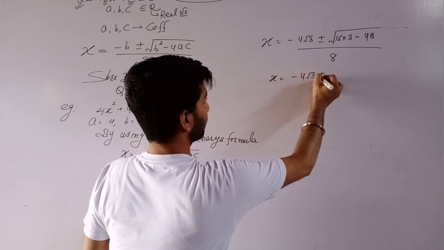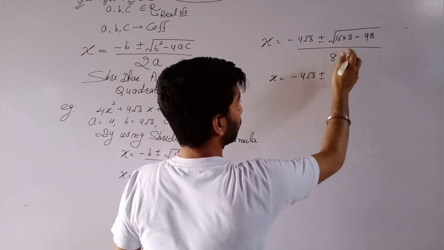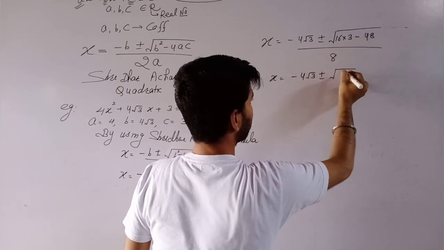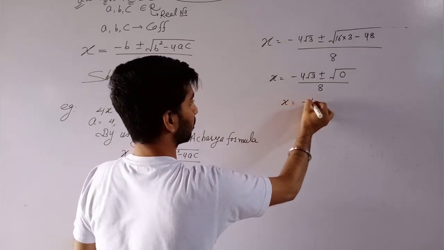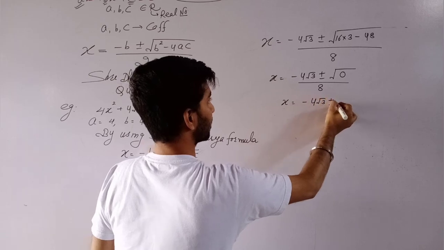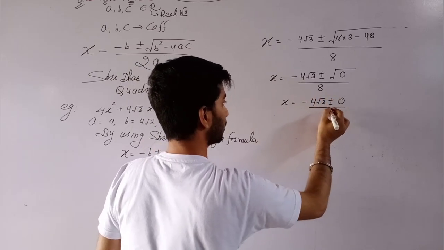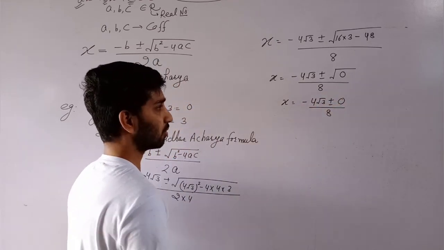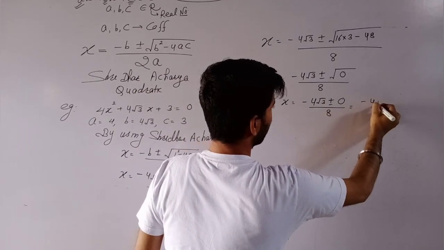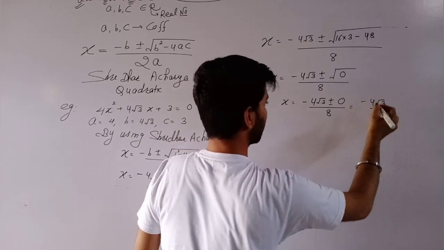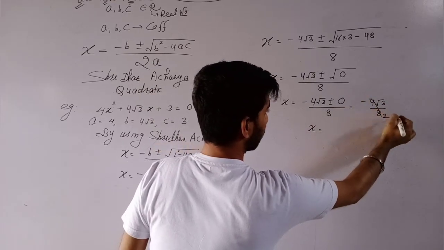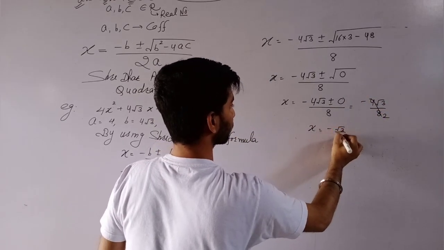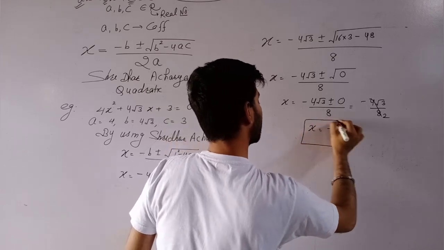So minus 4 root 3 plus minus root of 16 times 3 is 48, minus 48 is 0, divided by 8. Or x is equal to minus 4 root 3 plus minus root of 0, which is 0, by 8. By adding 0 or subtracting 0 here it is not affected, so minus 4 root 3 by 8. So the solution is 4 ones are 4, 4 twos are 8, minus root 3 by 2.